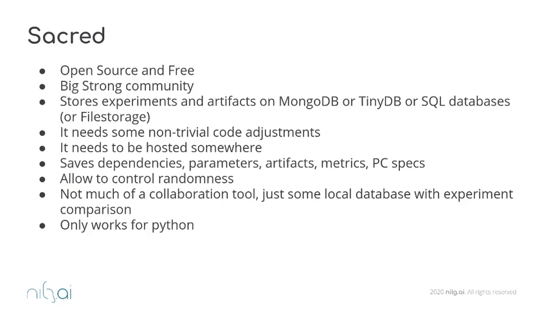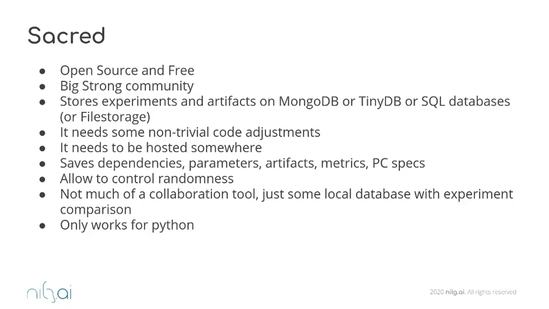So let's start with Sacred. This one is popular. It's open source. It's free. It has a strong community. It stores the experiments and the artifacts of your experiments on a database of your choice. The problem with this is that you have to host it somewhere.